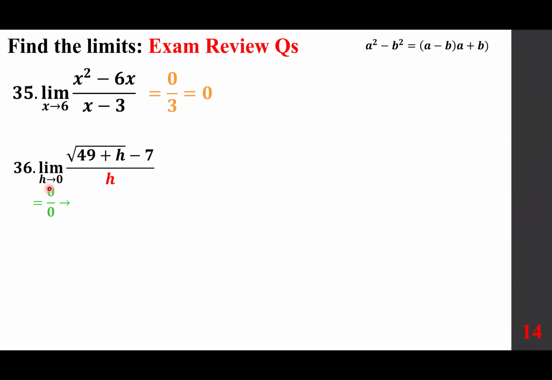So what is the technique? Remember that whenever you have a square root and you get 0 over 0, you got to multiply by its conjugate. That is the technique we use because the conjugate of a minus b is a plus b. The product is a squared minus b squared.